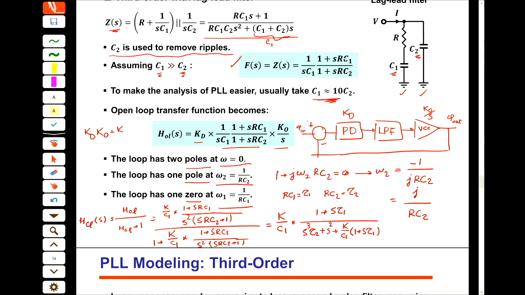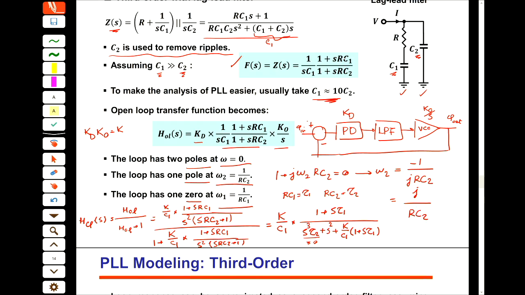So when C2 is much smaller than C1, then we can say that this one equals 0, comparing to the others, because this one is K over C1, and tau 1 is R C1.